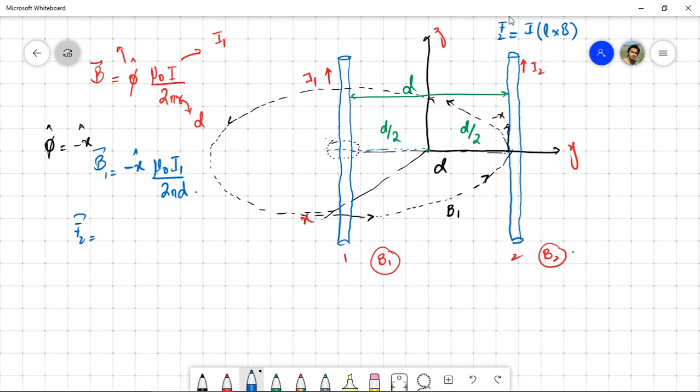F2 is equal to I2 into the length of this conductor. Although it is infinite, we will mention it by small l, and the direction of this length obviously will be in the direction of current itself. So z hat l cross B1.